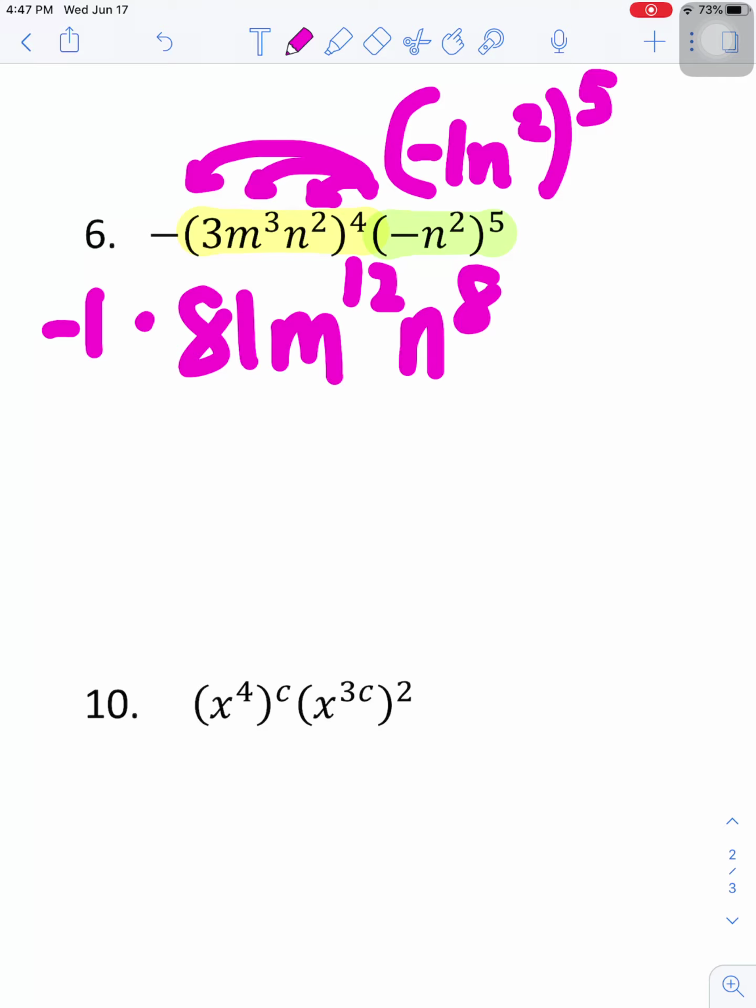It's good to separate the negative off of that variable and treat it as a coefficient of negative 1 versus trying to treat it as a negative n. So now when you use your power rule, you're going to take negative 1 to the 5th power, which is a negative 1, and then n squared raised to the 5th is n to the 10th. Oops, I don't like the way that looks.